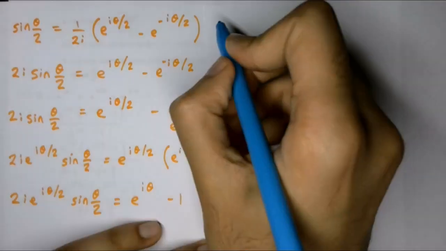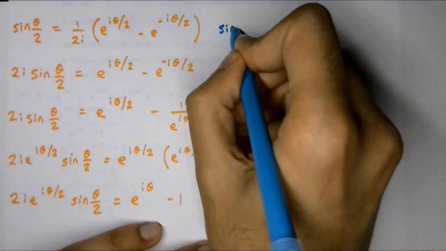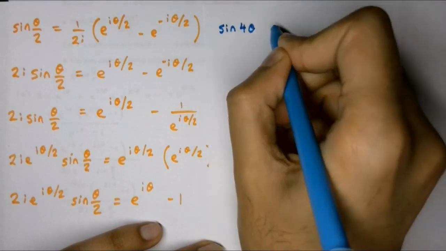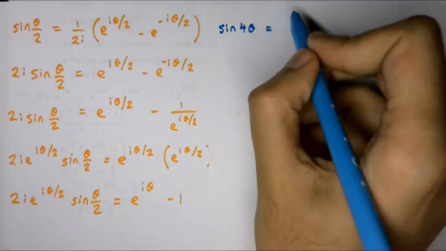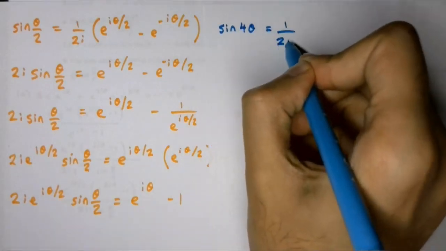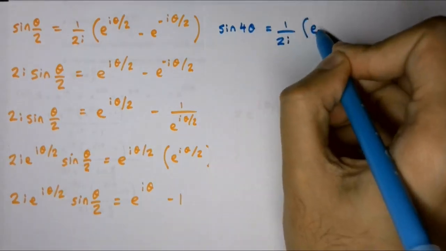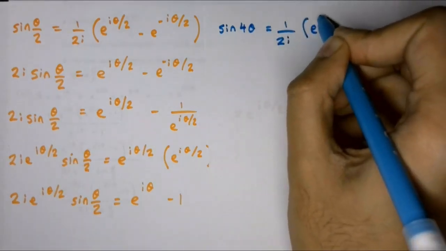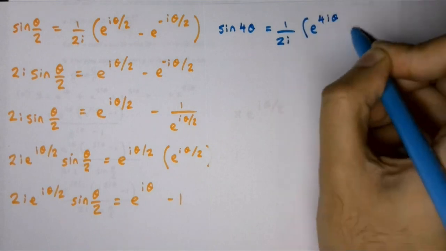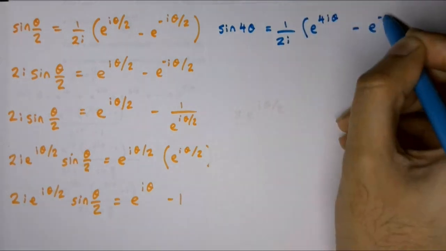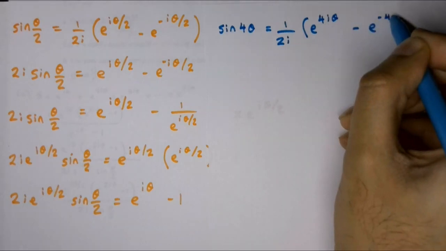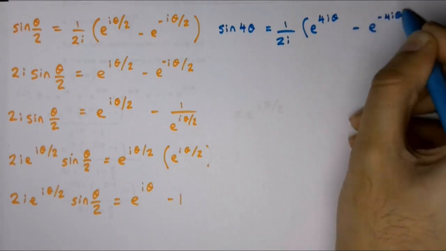As we said, on the top we want a sine 4 theta, so we're going to have 1 over 2i lots of e to the 4i theta minus e to the minus 4i theta.